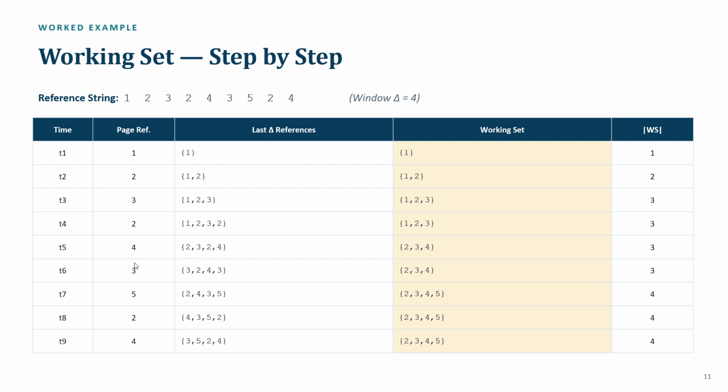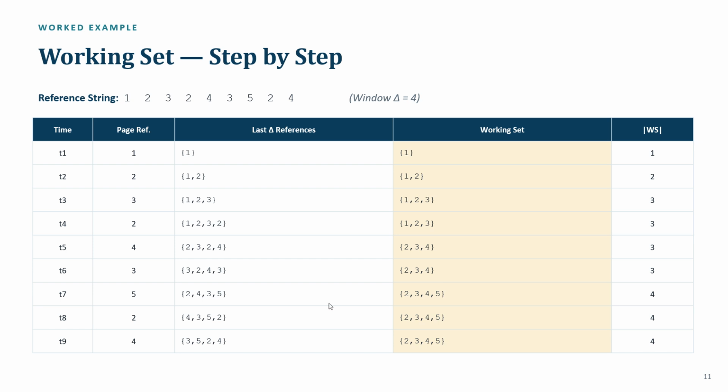Now at t5 a new number appears, which is 4. So it replaces the first number and our working set changes at t5. As you can see, now 2, 3, 4 is there and 1 is gone. Since we repeat this process, at t6 another page gets added which is 3, and since 3 was already there, the working set is the same.